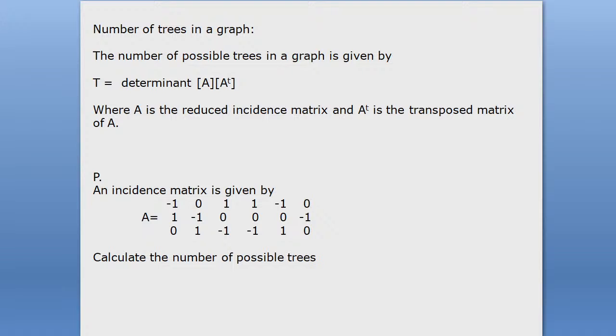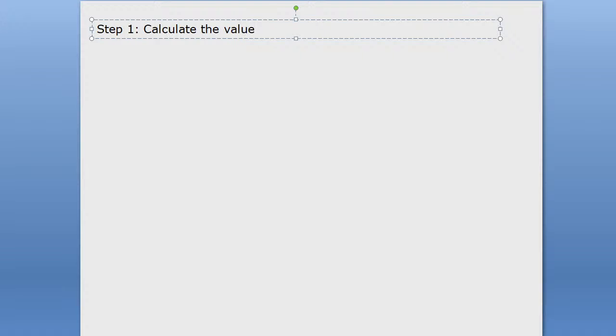Now we will calculate. First step is to find the value of the product of A and its transpose. Then we will take the determinant. So what is the first step? Step 1: calculate the product matrix.